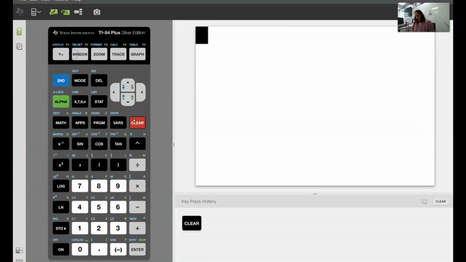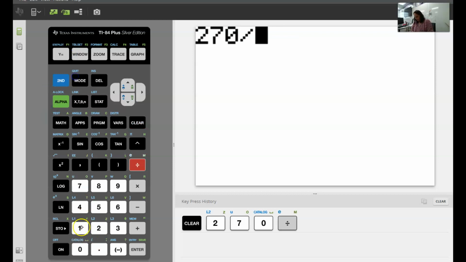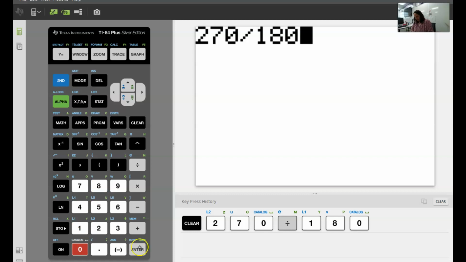Okay, so I have my fraction, 270 divided by 180. Enter. Gives it to me as a decimal, but I want it as a fraction in simplest terms. Now you probably already know this is 3/2.